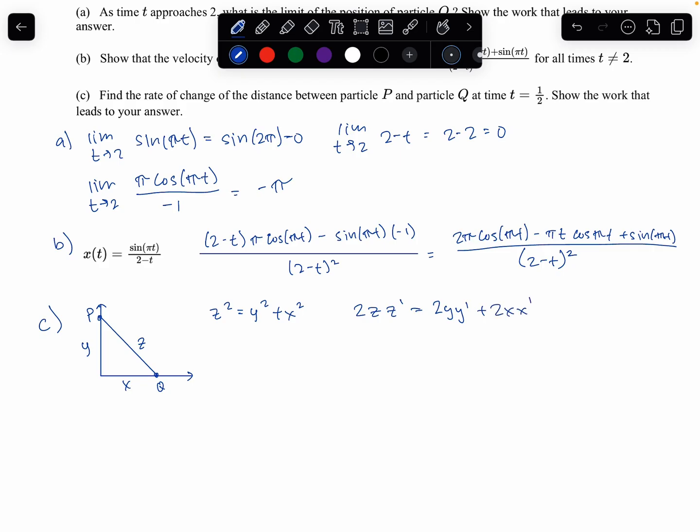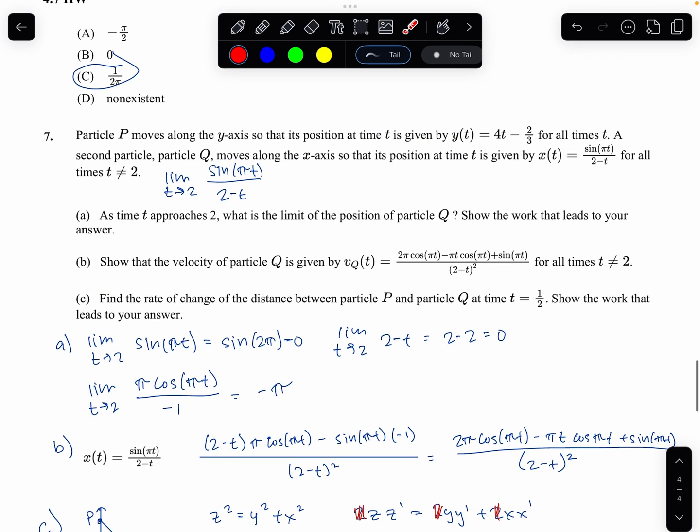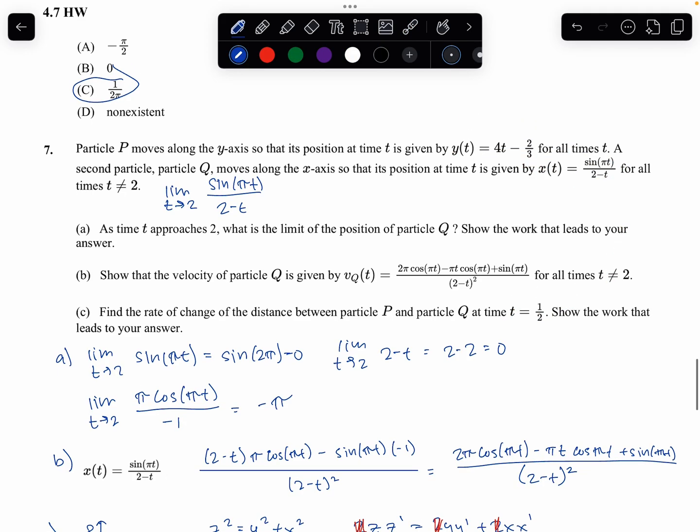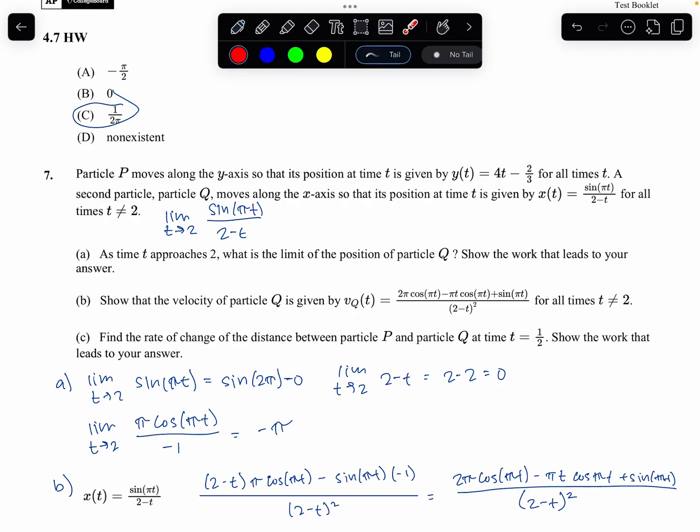And then the 2's don't matter much to me because everything has a 2, which can be divided out. So I obviously need to find z, y, and x. So let's start by finding x and y, and I'm going to find those by plugging 1/2 into both functions that I have right here.